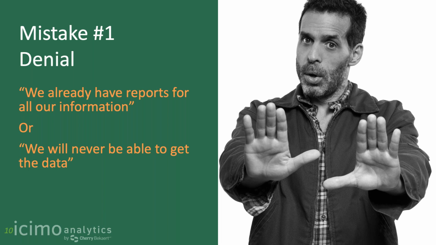This is one of the key mistakes to avoid, because as soon as we say, I'm not going to be able to do it, or we don't have it, or I have everything I need, we're already putting up a roadblock to building that successful strategy.